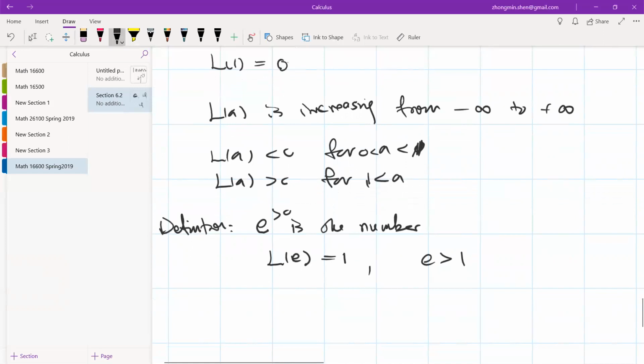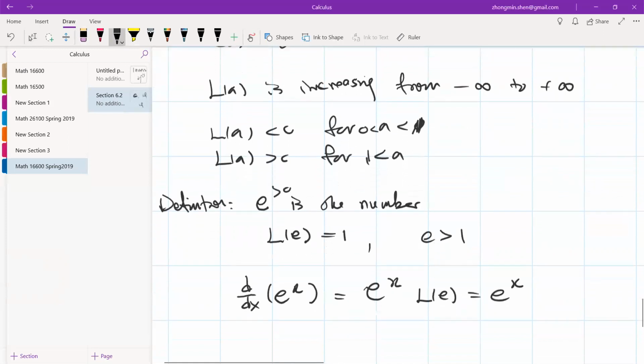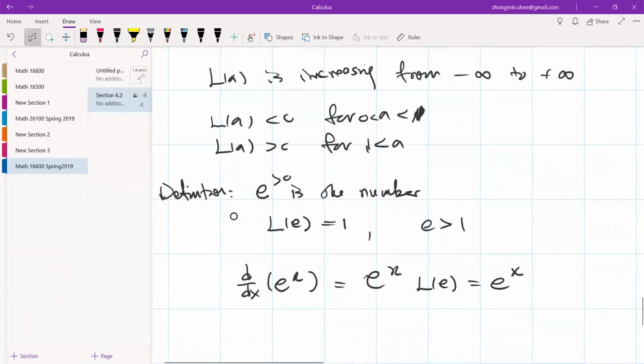Then we have the following formula. The derivative of e to the x is going to be e to the x times L of e, which is just e to the x.